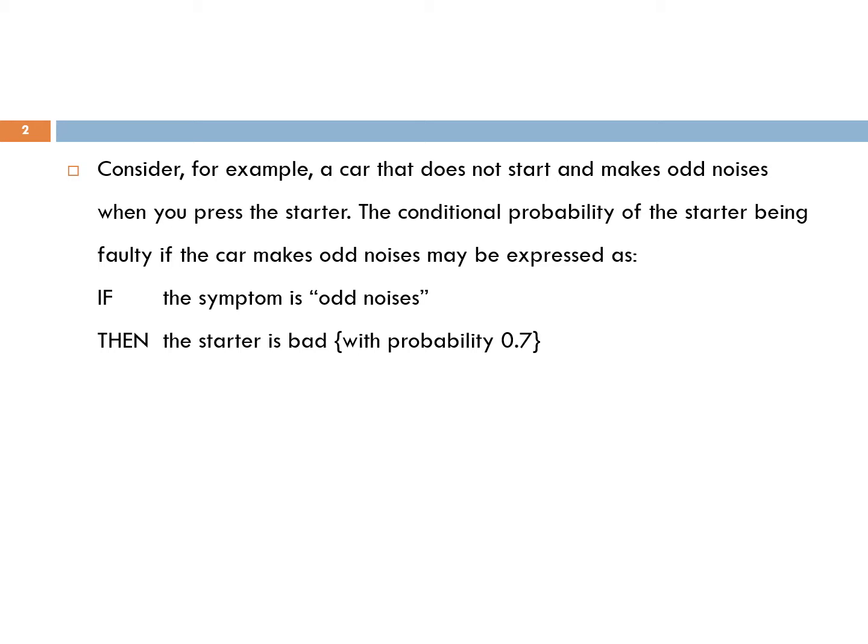The conditional probability of the starter being faulty, you want to identify whether the starter is faulty. If the car makes odd noises, it may be expressed as: if the symptom is odd noises, then the starter is bad, with probability 0.7.